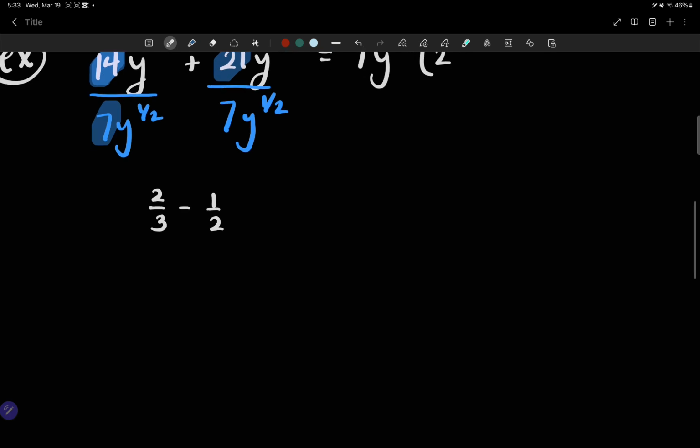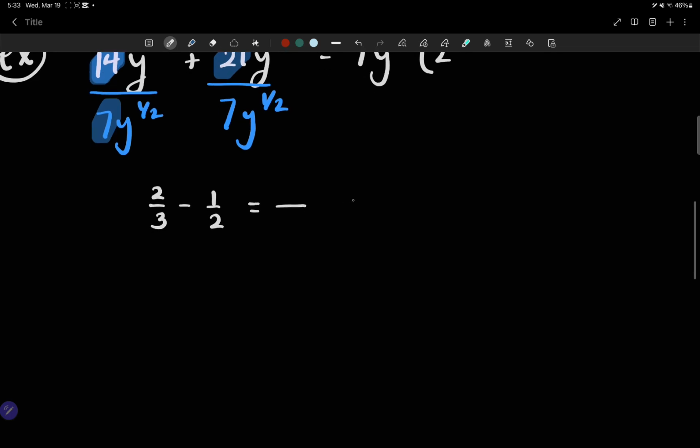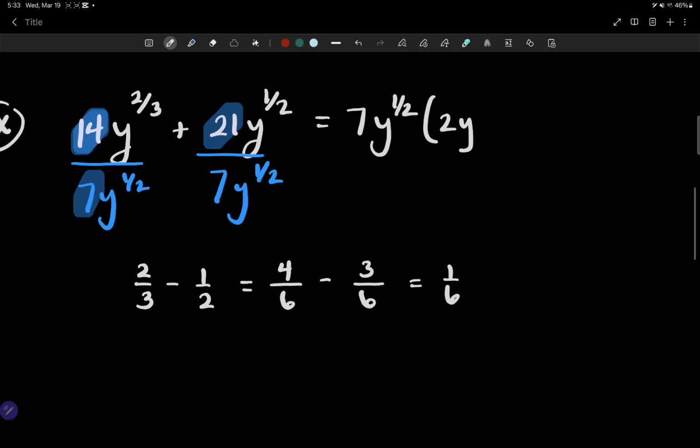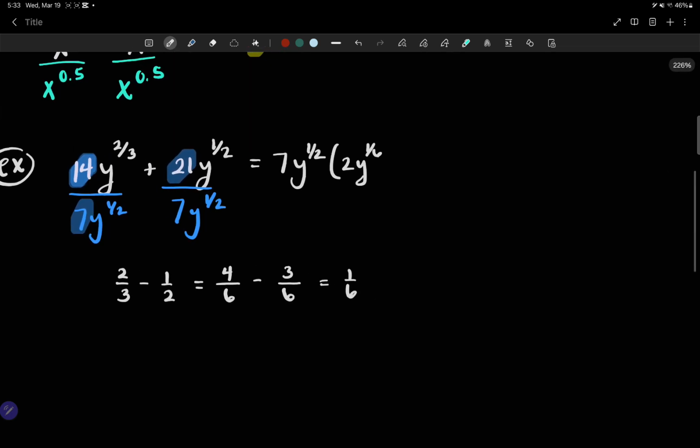You actually have to get common denominators, and you want to write them under the same denominator. If you'd like to see a video on how to add and subtract fractions, please let us know in the comments. So this is going to be equivalent to 4/6, and this one's going to be equivalent to 3/6, and then you end up having 1/6. So when you subtract those exponents, you have a 1/6 left over.